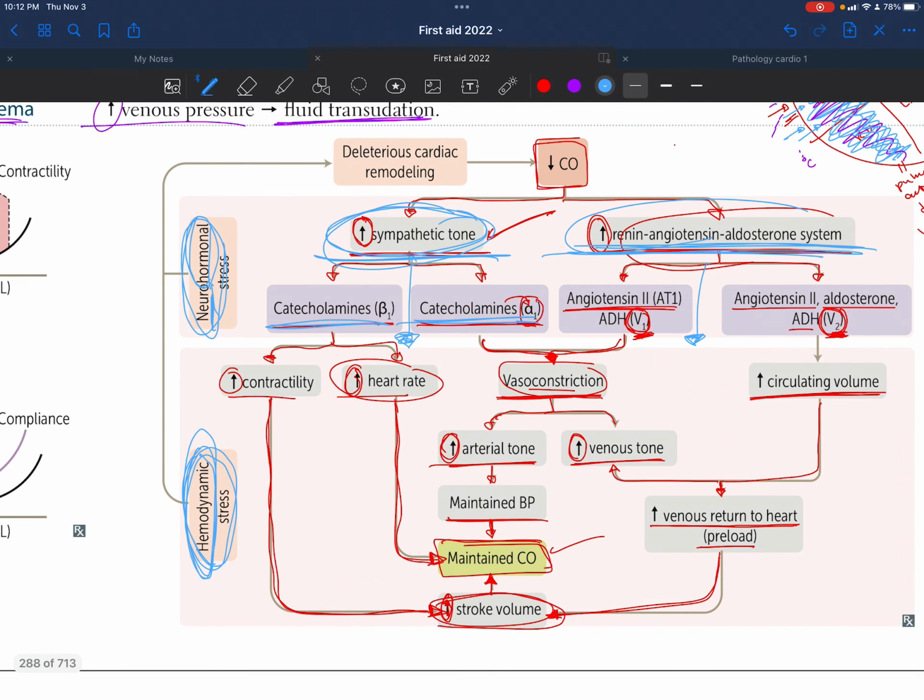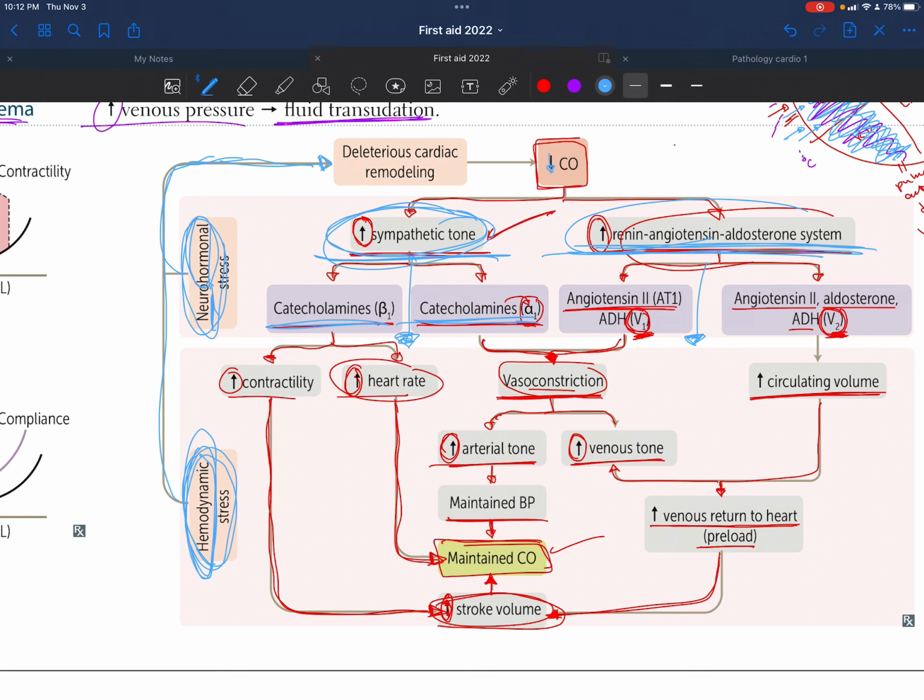But because all of this is happening more than it should, because we have reduced cardiac output and it's happening as a response to a problem, of course it will lead to an increase in that problem, making it an even bigger problem.